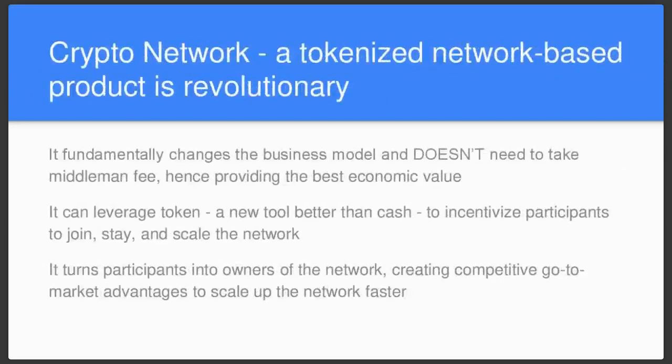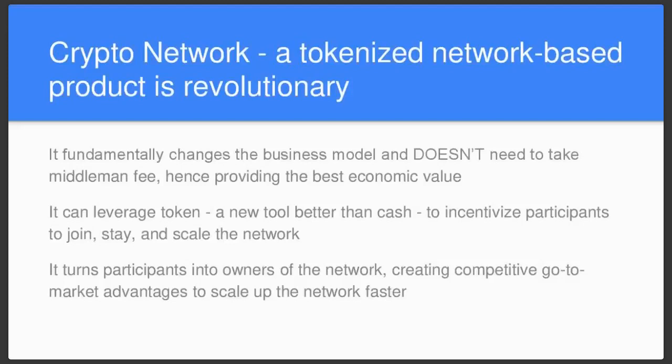I mentioned why I'm looking for a network-based product. People call this a crypto network: you tokenize a network-based product, and you call it a crypto network. The question is why I'm looking for this, and the answer is that a crypto network is revolutionary.